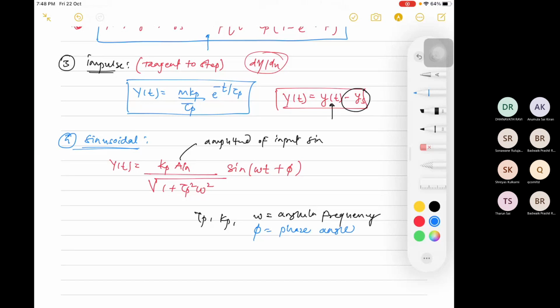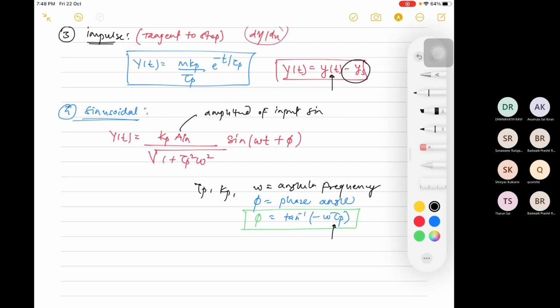I'm writing phase angle is equal to tan inverse of minus omega tau p. It is not t. Okay, here also people make mistakes. Tau p, it is not t. Not time, it is tau p, process time constant.